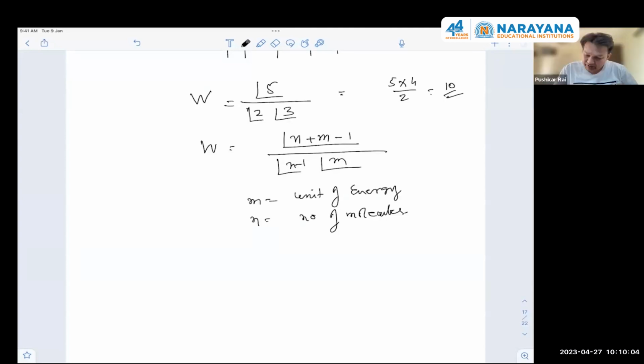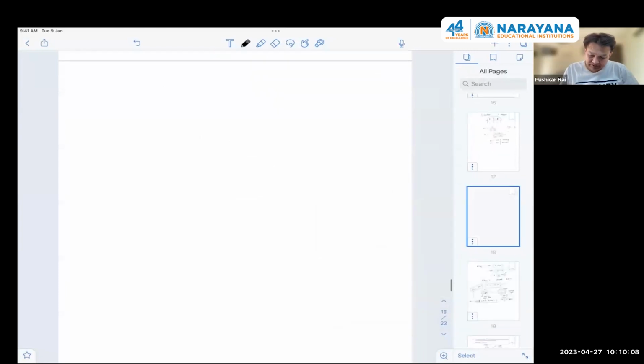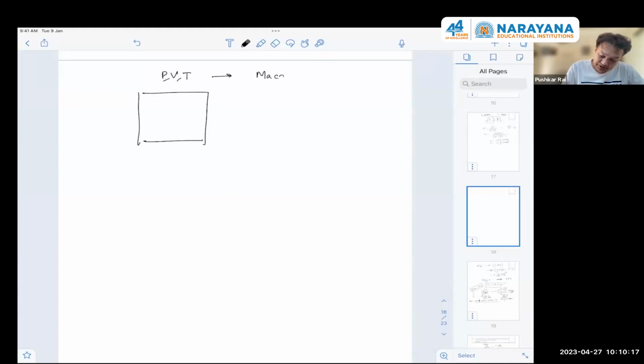W is called the weight of configuration. See, if a system is there at some pressure, some volume, some temperature, that is called a macroscopic state.